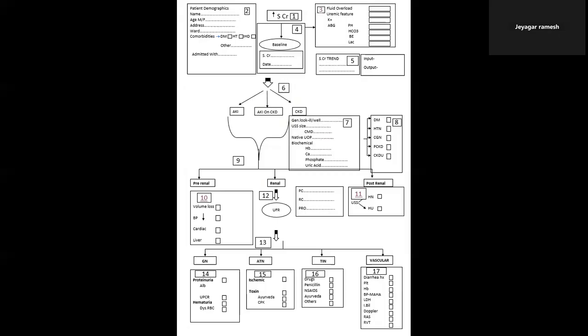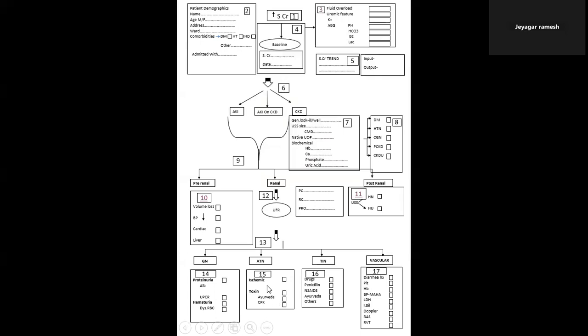So we exclude the glomerular pathology, and if the urine full report is normal, then we presume that it could be either tubular pathology or interstitial pathology or blood vessel-related, vascular pathology. And we retrospectively look for whether there is any evidence to say that this could have led to this tubular abnormality.